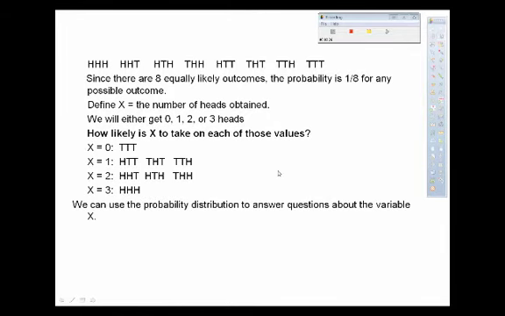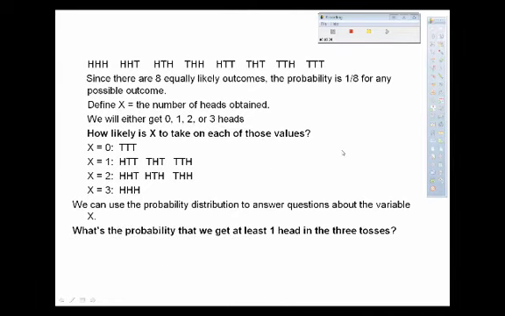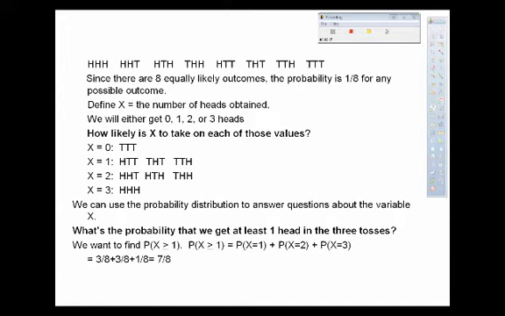We can use the probability distribution to answer questions about the variable X. This is our probability distribution. So, what is the probability that we get at least 1 head in the 3 tosses? Well, we want to find the probability that X is greater than or equal to 1.